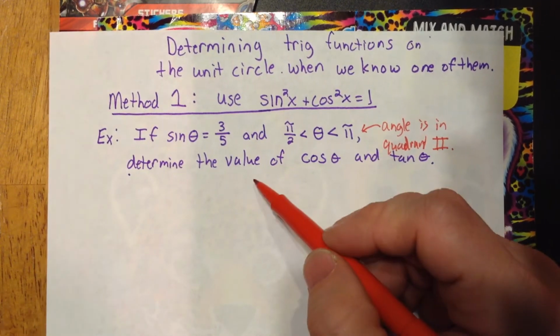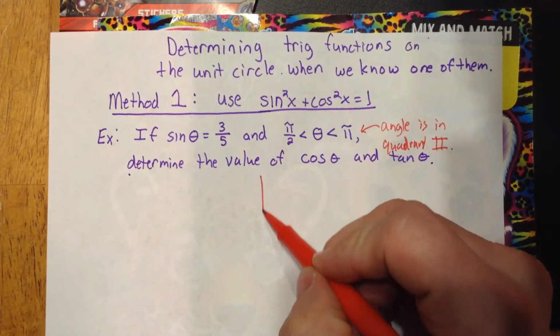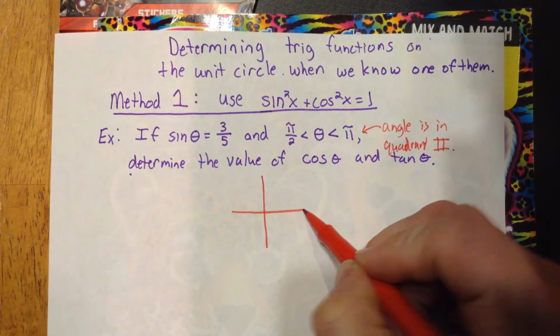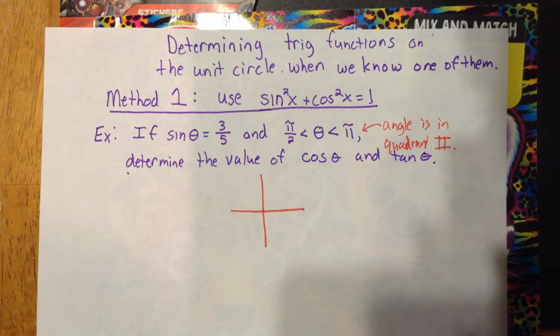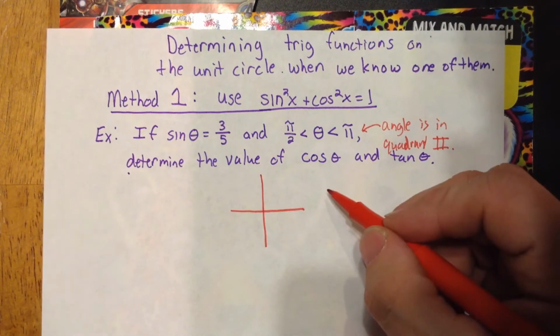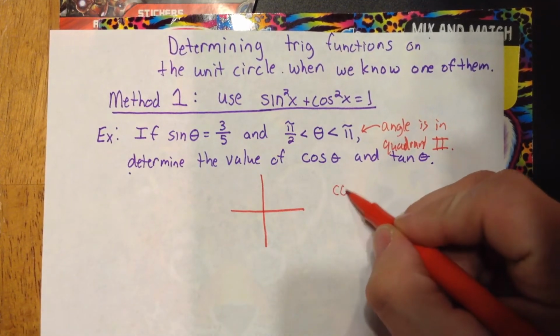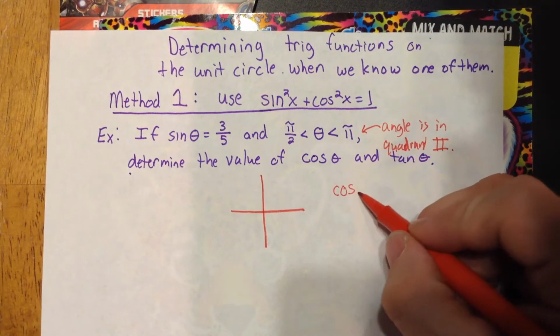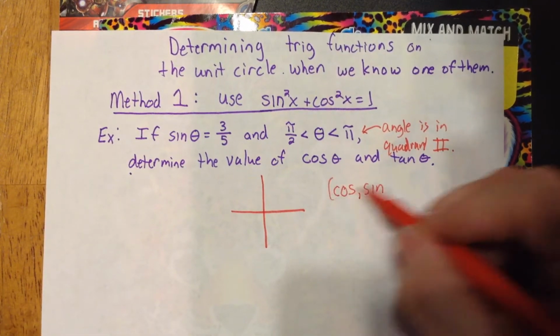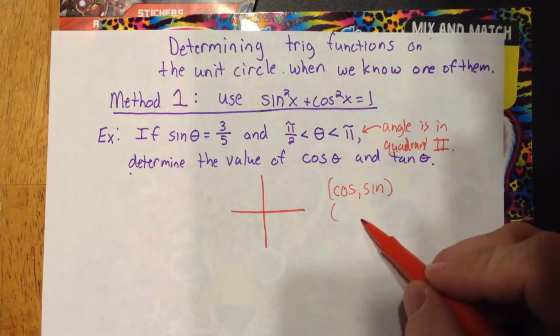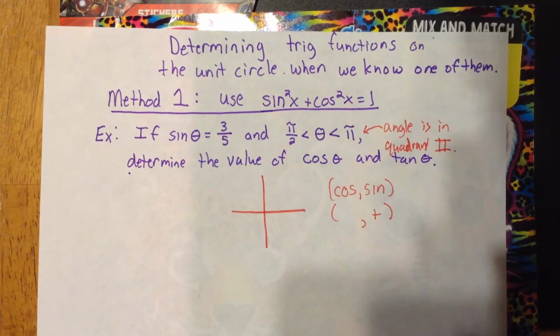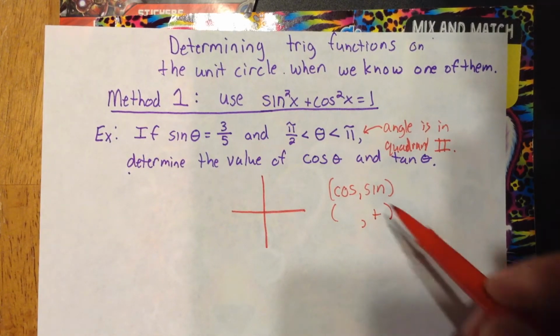First of all, you always should draw a picture, a little sketch. It doesn't have to be very good, you just have to know what quadrant you're in. Sine is 3/5. Remember, the coordinates label as cosine, sine. Cosine is x, sine is y. So if sine is 3/5, it's telling you that the y value is positive.